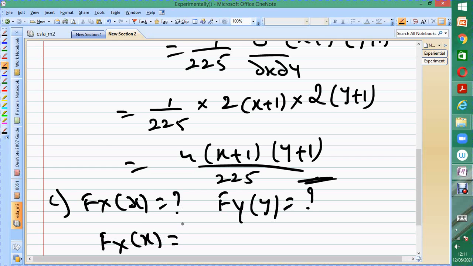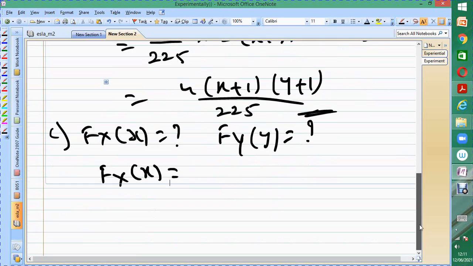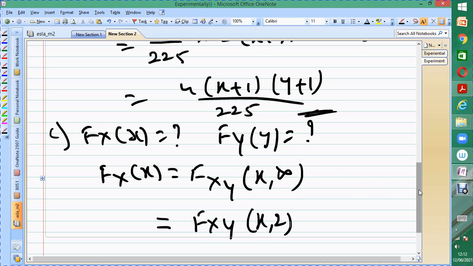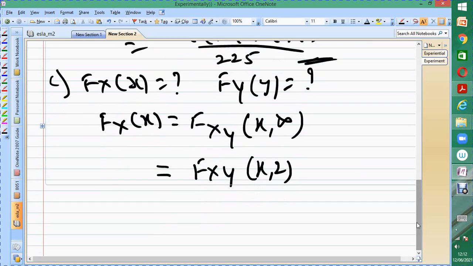As I told, Fx(x) is equal to Fxy(x, infinity), that is, when y takes the value infinity, which indicates the marginal distribution. But here in the problem y is bounded by the value 2, not infinity. So we can make the change as Fxy(x, 2). In the next step, whatever equation we have for Fxy, we are going to substitute.